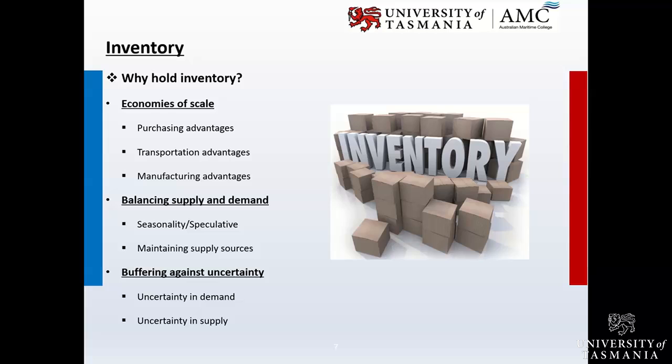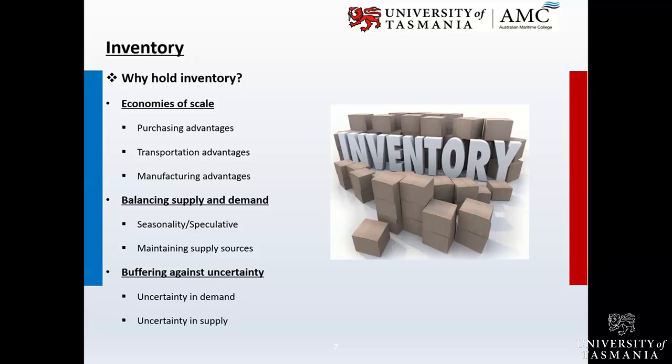So there may be some disruptions of the supply of raw materials. So if there is a disruption in the supply of raw materials, it will affect the availability of products, and then it will affect customer service.